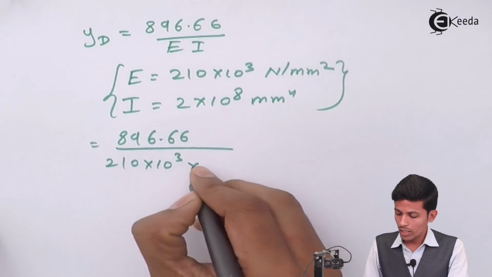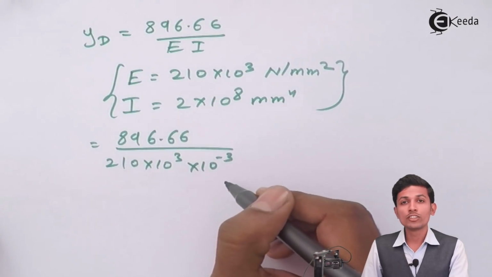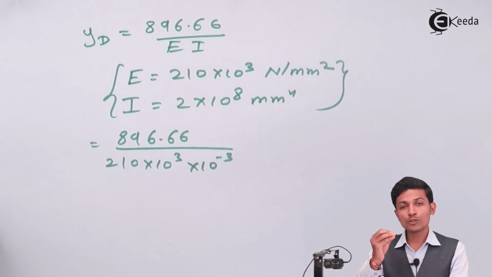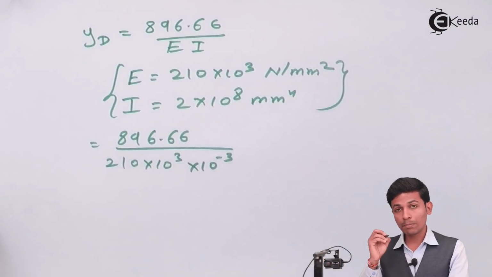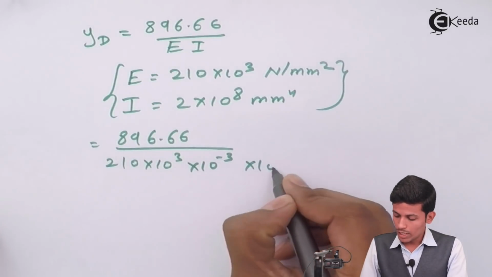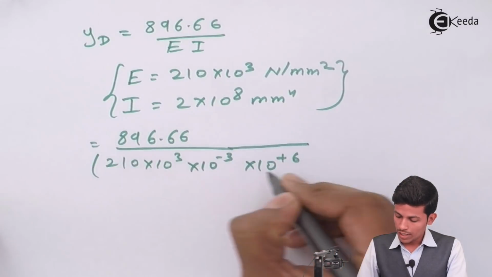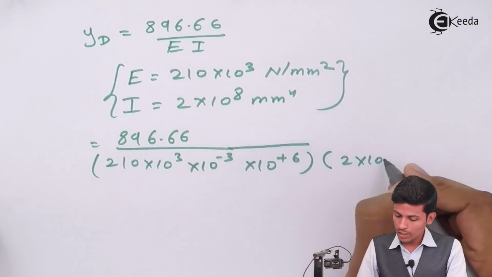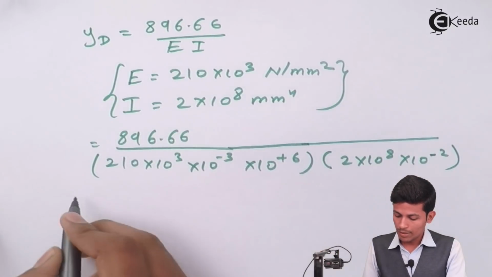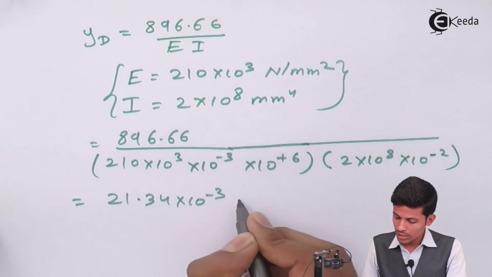To form kilonewton, 10 raised to minus 3, upon 10 raised to minus 6, because this is per meter, so it will go to plus 10 raised to 6. Now the I value will be 2 into 10 raised to 8 into 10 raised to minus 12, in meters, and this will come to 21.34 into 10 raised to minus 3 meter.